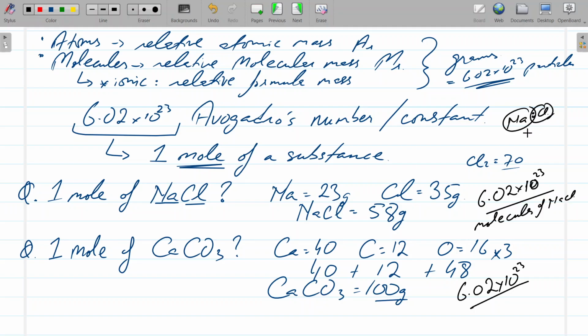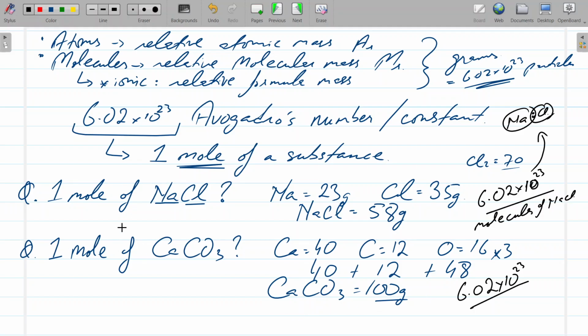It will remain the same for all the compounds and atoms. When we talk about calcium carbonate, there are 6.02 into 10 to the power 23 molecules of calcium carbonate in 1 mole.